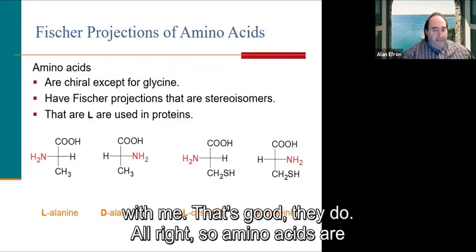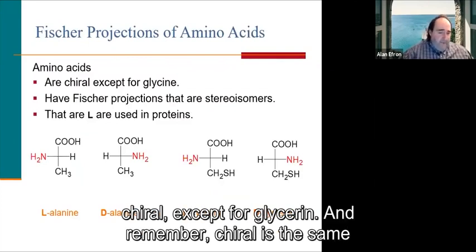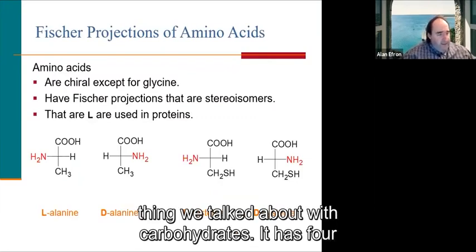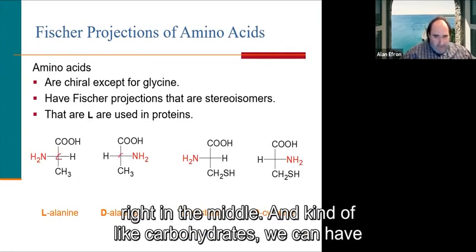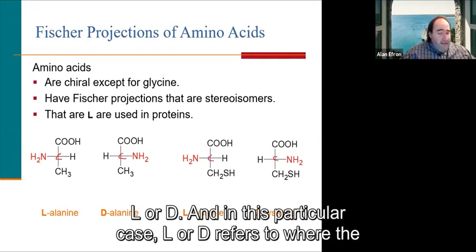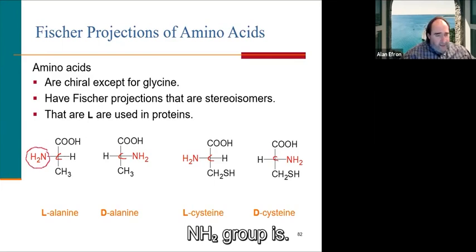So amino acids are chiral except for glycine. And remember, chiral is the same thing we talked about with carbohydrates. It has four different groups attached. So this is a carbon right in the middle. And like carbohydrates, we can have L or D. In this case, L or D refers to where the NH2 group is.